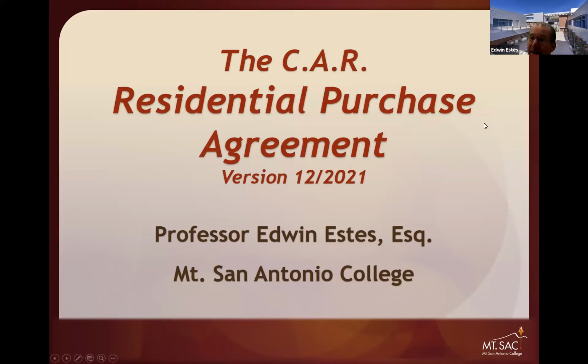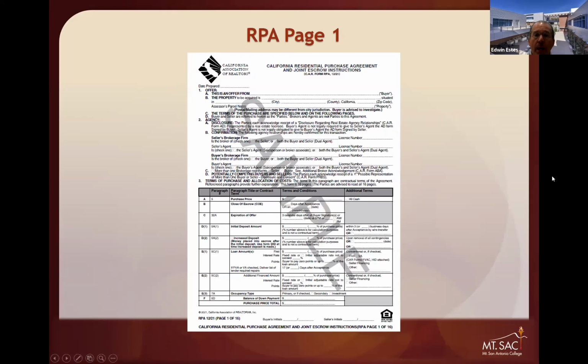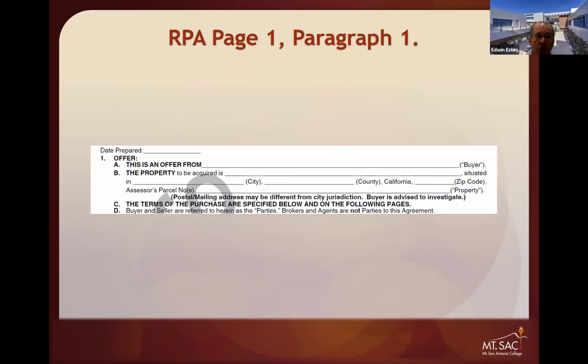So let's go ahead and get into the agreement as we move through. We'll go with the first page. Let me move my screen over. And let's get into the paragraphs in page 1. So paragraph 1, of course, is the offer where we put the date we prepare this agreement.